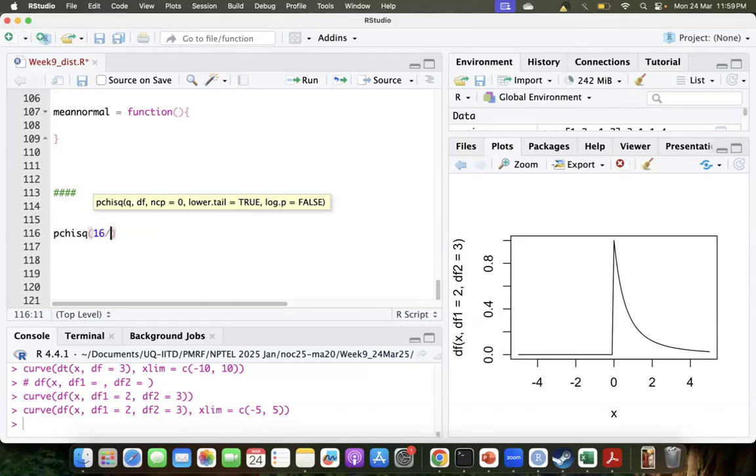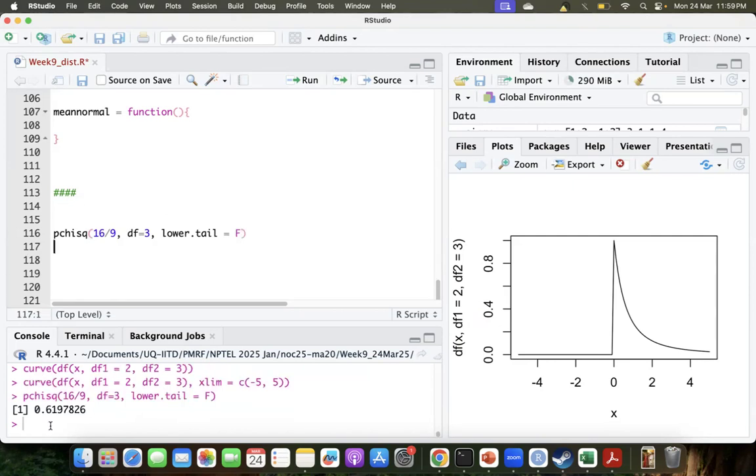So we'll just write 16 by 9, and degree of freedom, that was 3 in this question. And then we want to find it greater than this value, so we'll say lower tail is false. And that value that we get is 0.62.